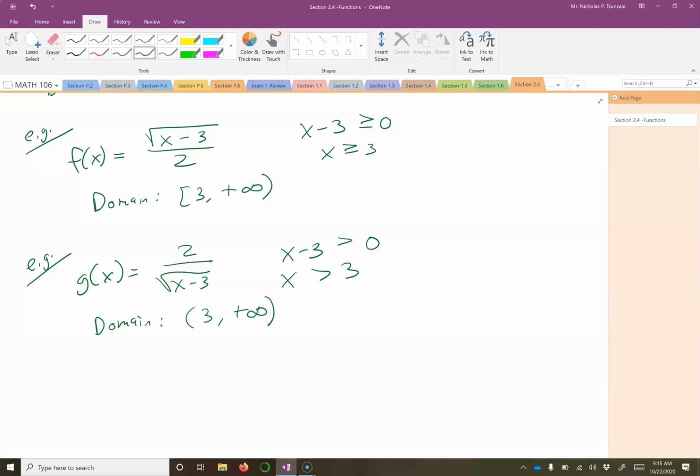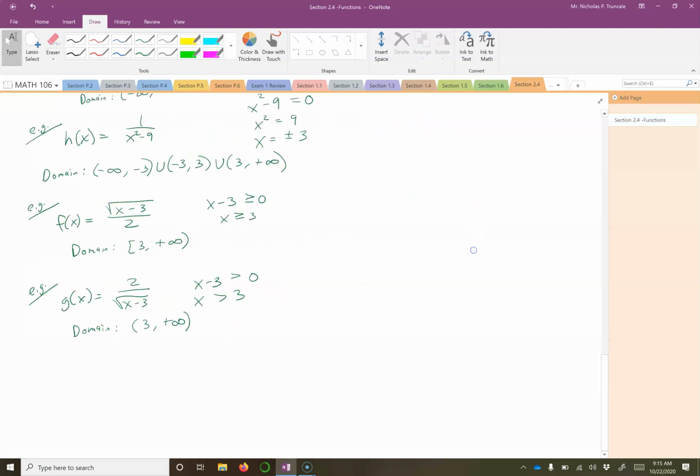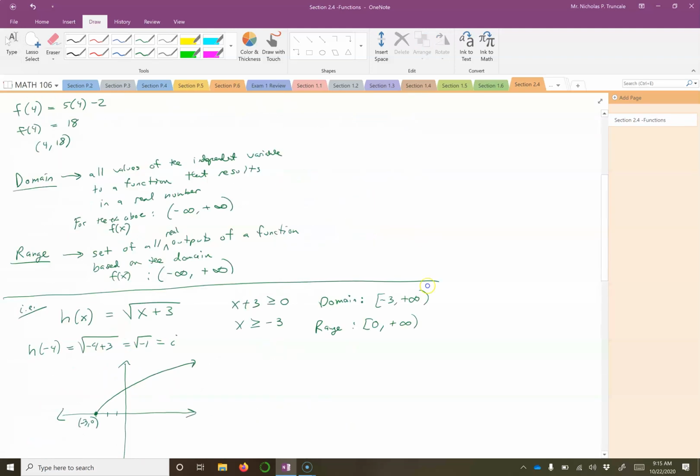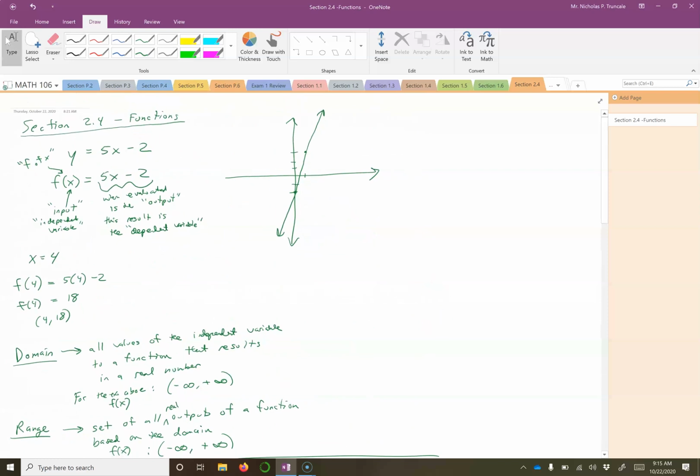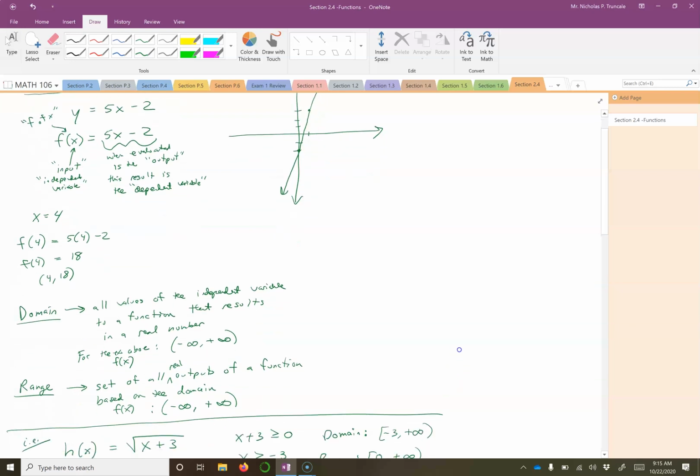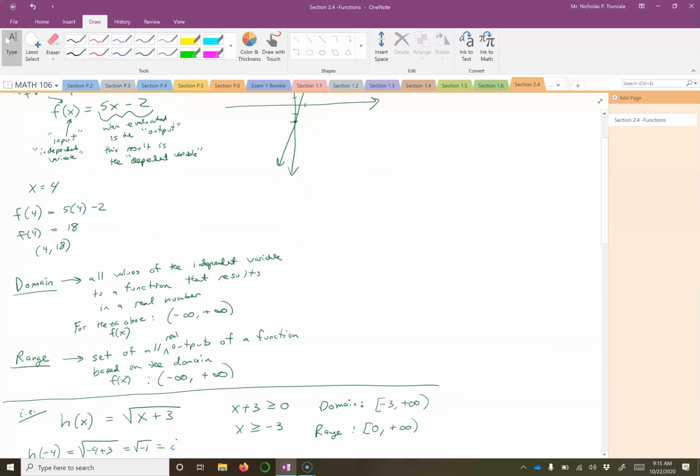Okay. So just to review this section, I gave you the definitions of function, and we're talking now about using words to describe them: independent variable versus dependent variable, input, output, plugging in an input to a function to get its result, which results in an ordered pair.